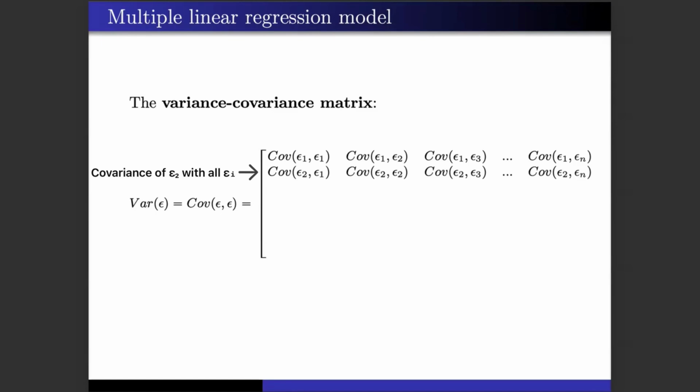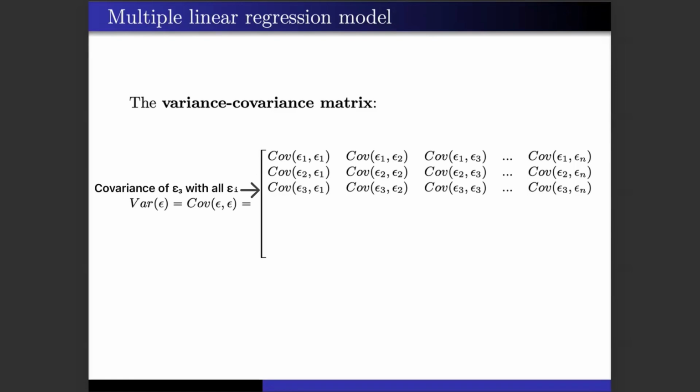The third entry would be the covariance of epsilon 2 with epsilon 3. Then it will continue till covariance of epsilon 2 with epsilon n. In the third row, we would find the covariance of the third variable epsilon 3 with all the other variables, epsilon 1, epsilon 2, epsilon 3, till epsilon n.